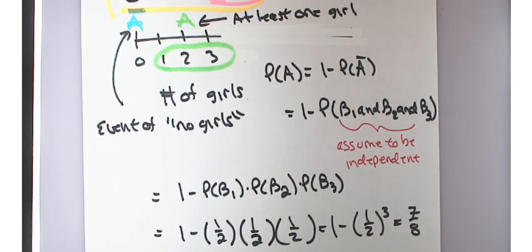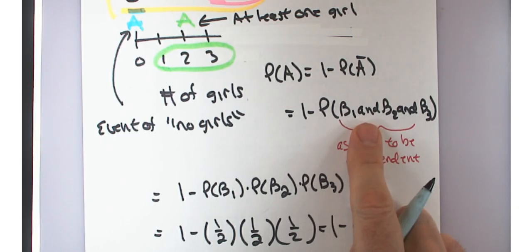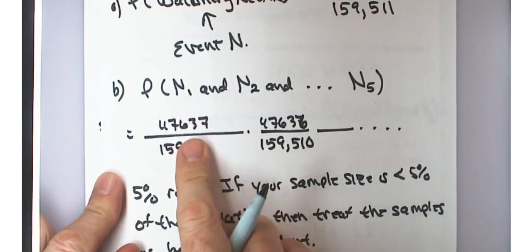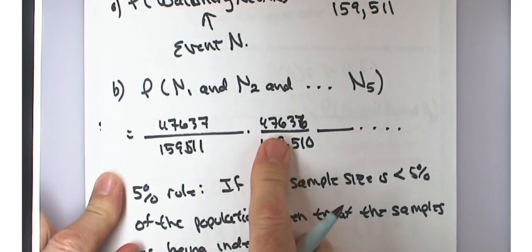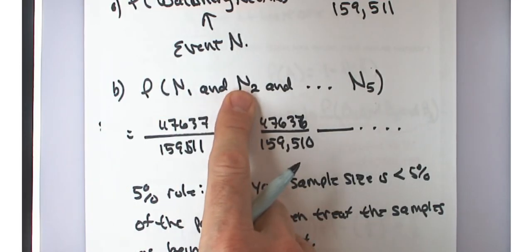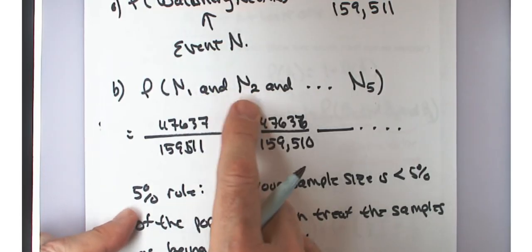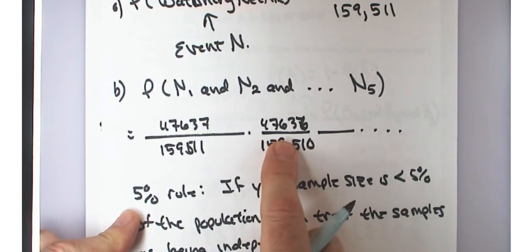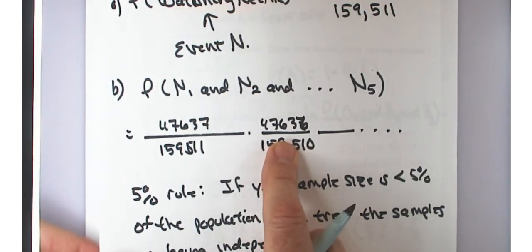If these events weren't independent, then you'd have to adjust for the fact that we got a boy on the first one. How does it affect the probability of the next one? You'd have to do stuff like this, or worse. It kind of depends on the particular problem. No, appreciate the question.